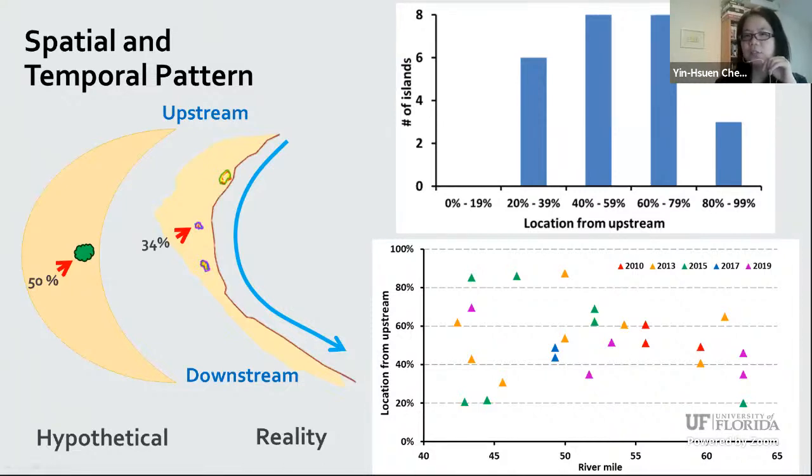For example, I have a circle: these 3 small triangles in the figure around river mile 55 to 60 were last a vegetation island in 2010, and they are around 50% of the distance from upstream. So far, I'm just using my eyeball method, and I cannot really tell if there's a specific trend yet.